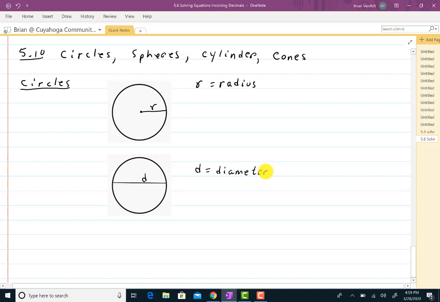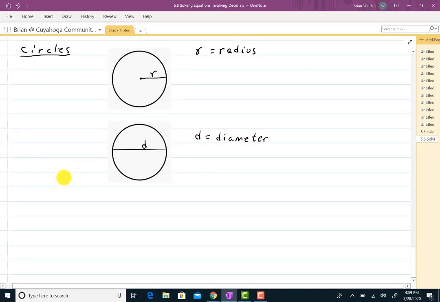There are two things that we usually try to figure out with a circle. And that's how far is it around, that's the circumference, and what's the area of it. So let's take a look at some of the formulas for this. For the circumference, or if you want to think of it this way, the perimeter, that's the length around the outside of the circle.